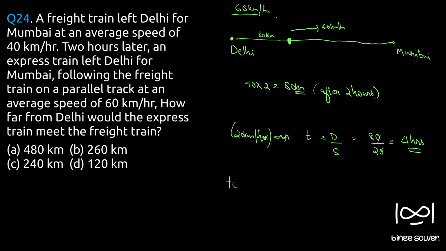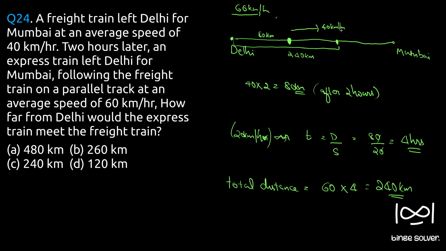The total distance it has actually moved will be 60 into 4, that is 240 kilometers. So from Delhi, by the time they catch up, they have covered 240 kilometers.